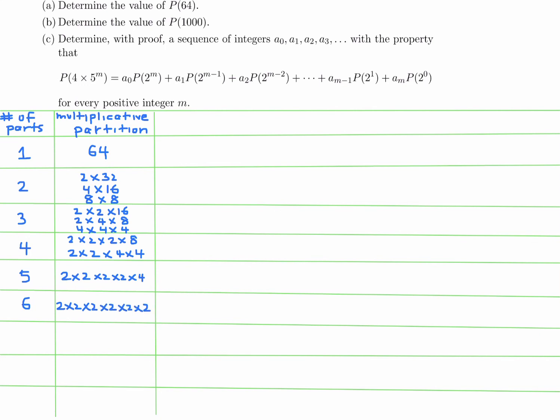There we go. So we got to count these up. 1, 2, 3, 4, 5, 6, 7, 8, 9, 10, 11. So that means P of 64 is equal to 11.